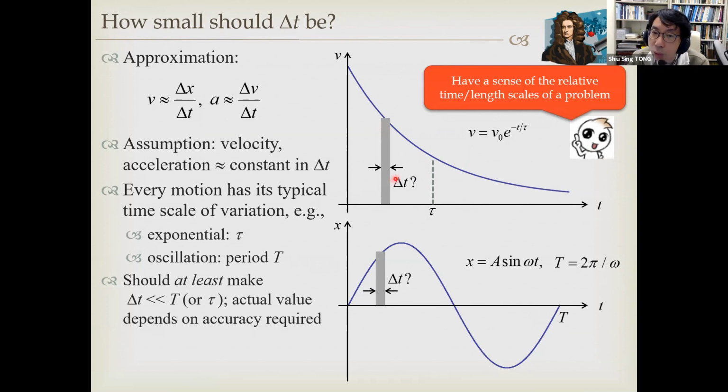For other motions, like oscillation, the typical time scale may be the period of oscillation, and the period is given by 2 pi over omega, right? So you should choose the delta t to be much smaller than the period in order to make the calculation accurate. That is how you choose the delta t. Okay, so a long lecture today, we stop here.